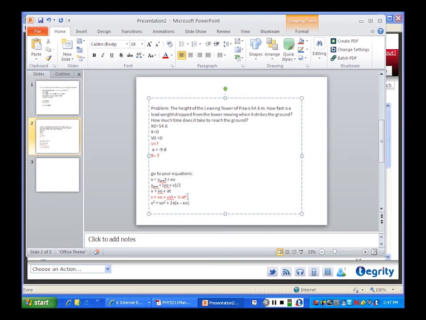So once we solve that equation, then we've answered the question, what is the time? Then we can come back to the equation right before it. Since we found the time, we could then solve that one for the velocity at that time. So that's not too bad. Let's see what else. I'm kind of done with that problem.